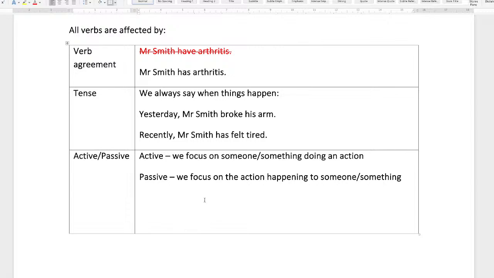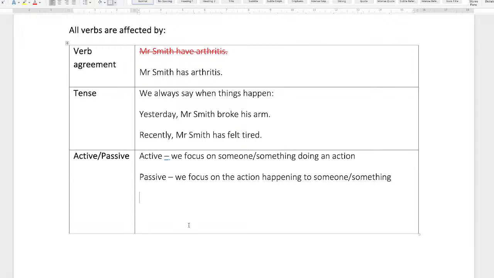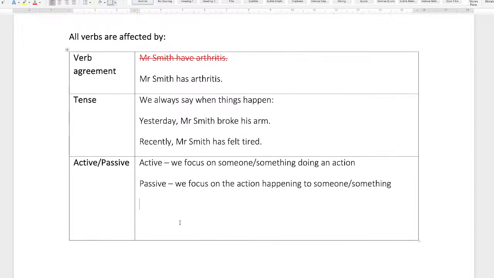So those three things are things that we always do when we use verbs in English. And we use verbs in English in every single sentence. That's how verbs and sentences work in English. We always choose these three things.